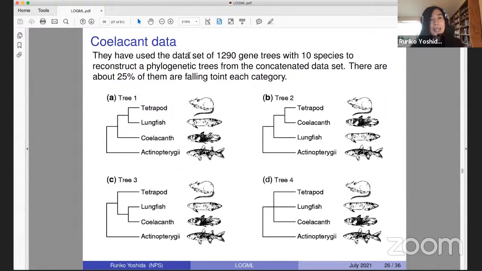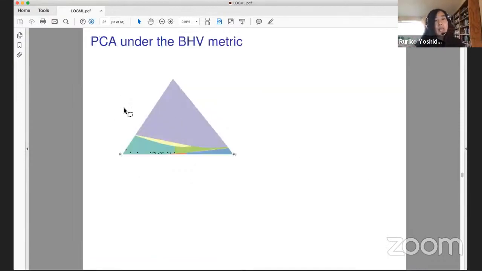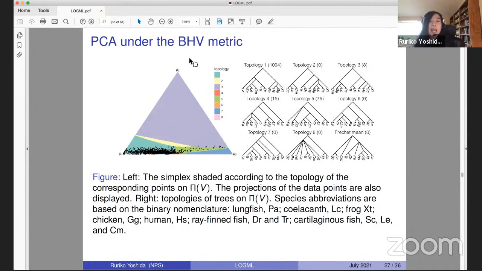All right. So as I said, this lungfish coelacanth data set, we applied it. Remember, in the beginning of the talk, we had the two big clusters. I want to know whether that's artificial or not. We also developed another PCA, my colleague and I, with a different metric. That's not a tropical metric, that's the BHV metric.